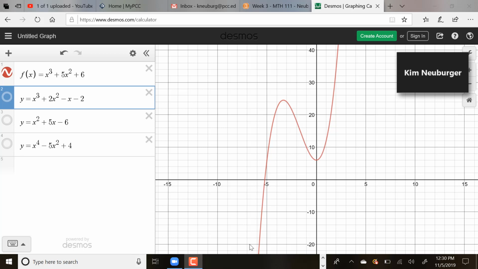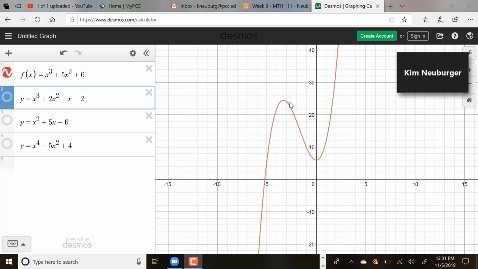And so as we go from left to right, in the long run, it's going to continue going up. Some little stuff in the middle happens, though. Our end behavior as we go to negative infinity is we go down to negative infinity. And as we go to positive infinity, we're going up. And that happens because there's no negative out front. It's just a positive. But what happens in the middle?